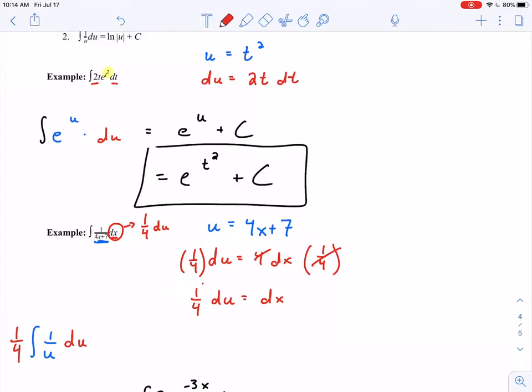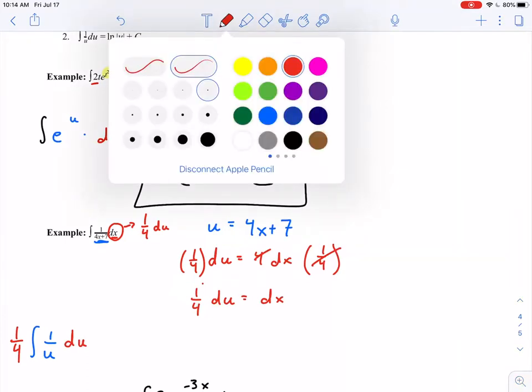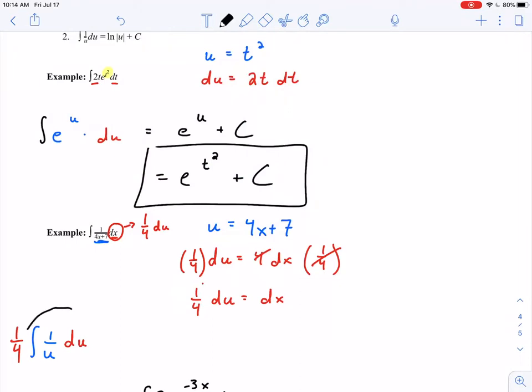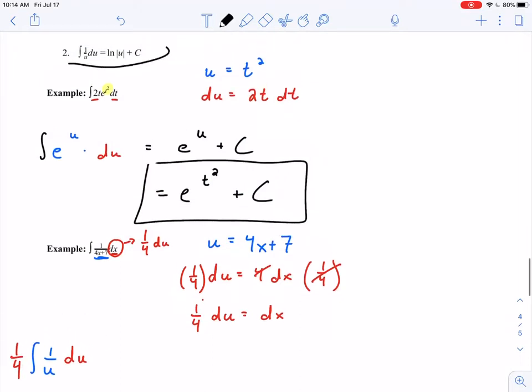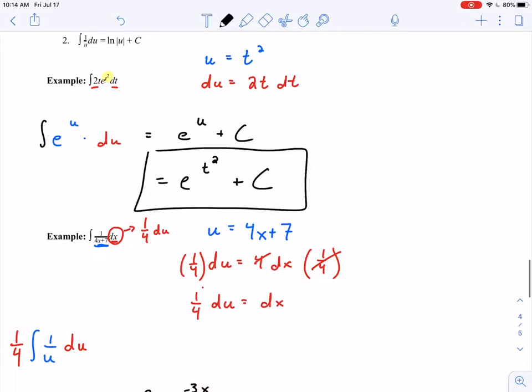So this is what my problem looks like after I performed my substitution. I look at this 1 over u du, and I see, hey, that looks like that second integration property. That looks like 1 over x dx. So we integrate it almost the exact same way. We will have 1/4 kind of come down here.